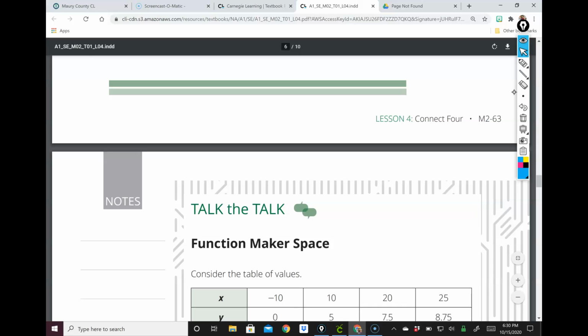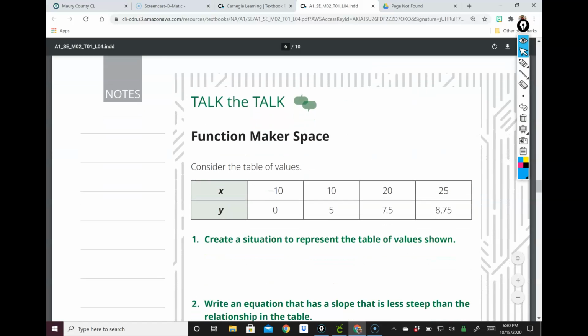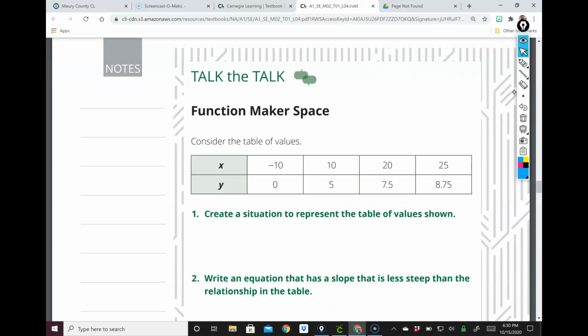Talk the talk. Function maker space. Consider the table of values. Create a situation to represent the table of values shown.